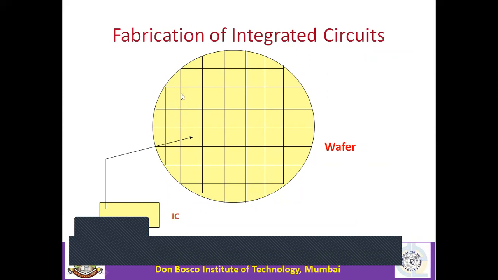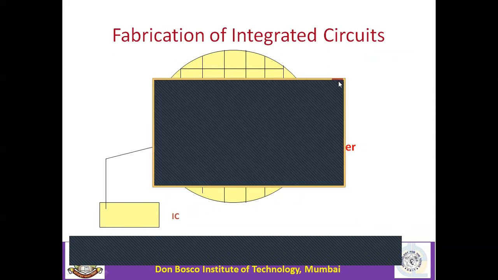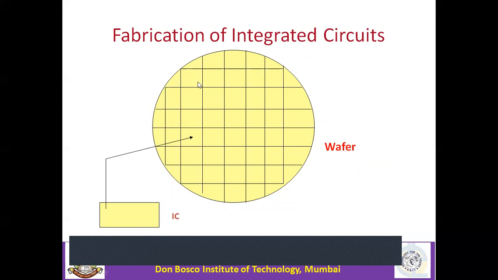That circular disc is divided into several small squares like this. This is one square, and this is another square. One square is called a die. Die means one chip.